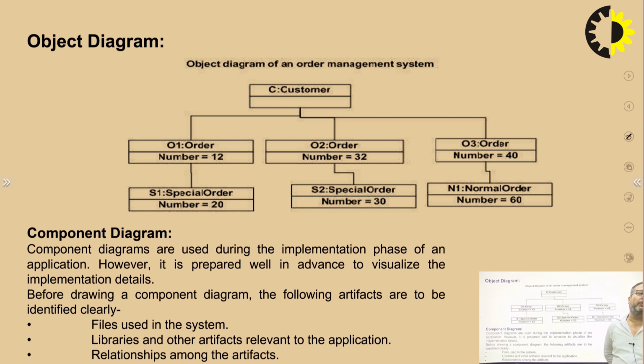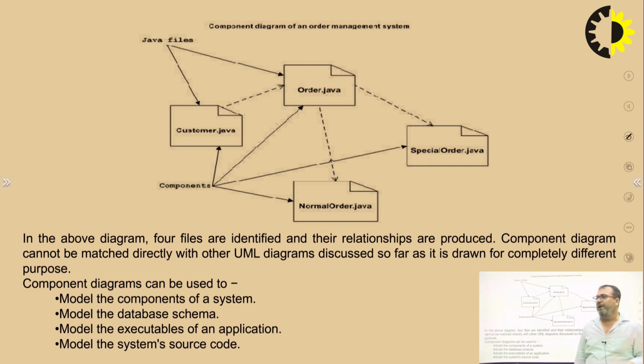So, before drawing a component diagram, we require the following artifacts to be identified clearly: what kind of files are used in the system, Java files, DLL files, what kind of libraries, what other libraries we are going to use, other artifacts relevant to the application, and what the relationships among the artifacts are.